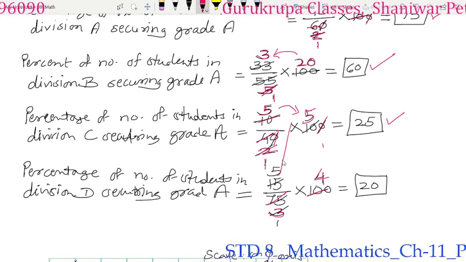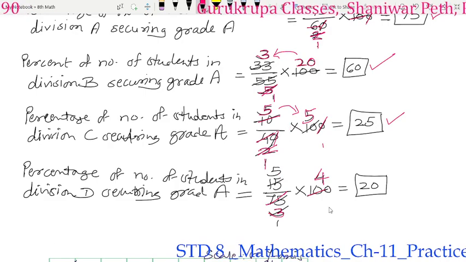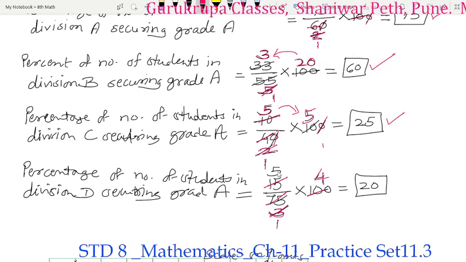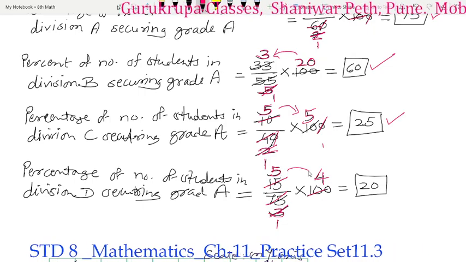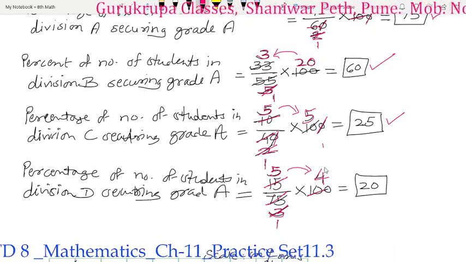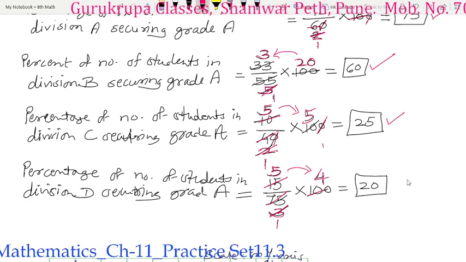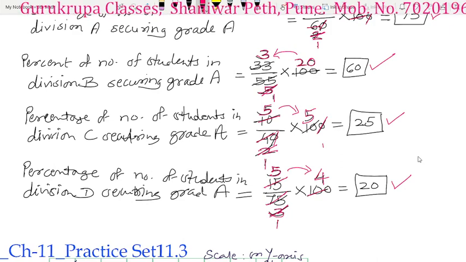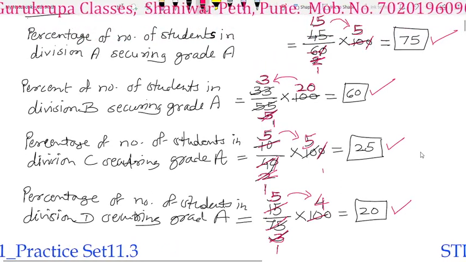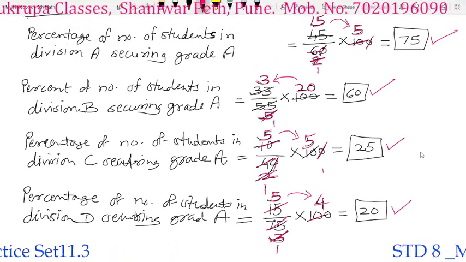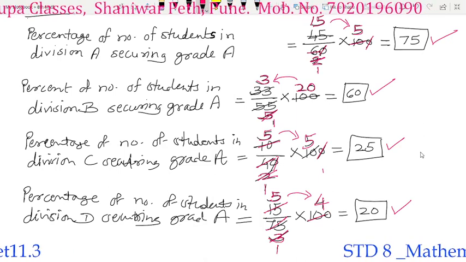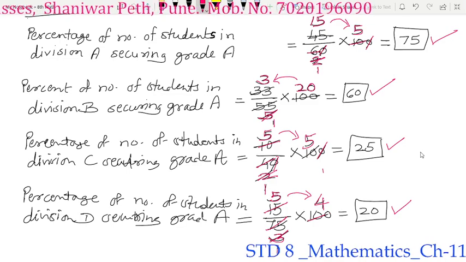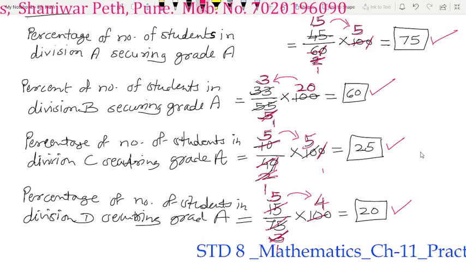Now 3 and 15: 3 ones are 3, 3 fives are 15. So for calculation we get 5 into 4, which is 20. So 20% of students secured A grade. So here we found the percentages of students who got A grade: 75, 60, 25, 20 for divisions A, B, C, D respectively.